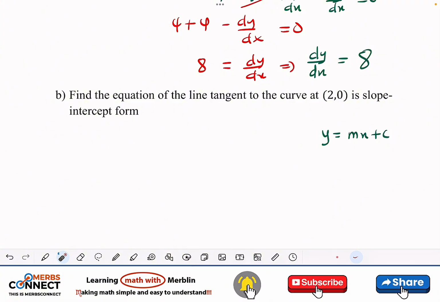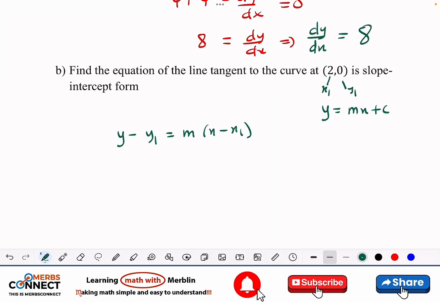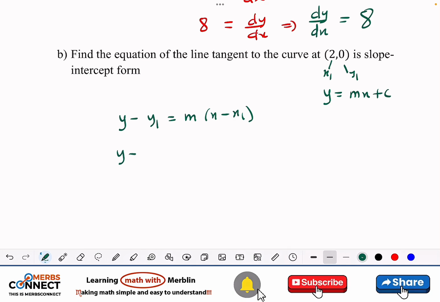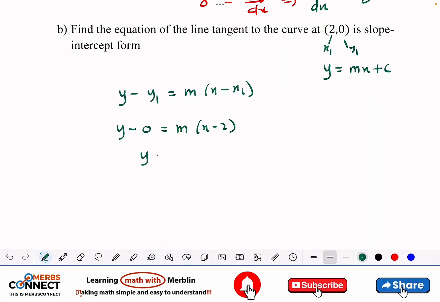So what's the equation of the tangent? y minus y1 is equal to the slope times x minus x1. Remember, this point here is x1, this point here is y1. So y minus 0 is equal to m times x minus 2, so y is equal to m times x minus 2.